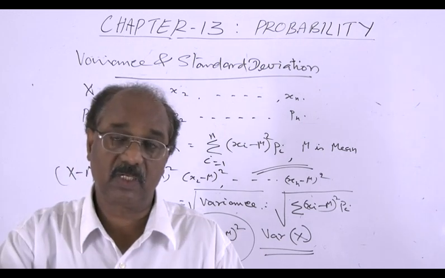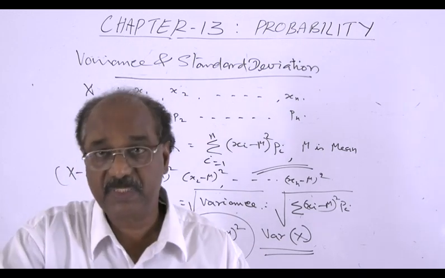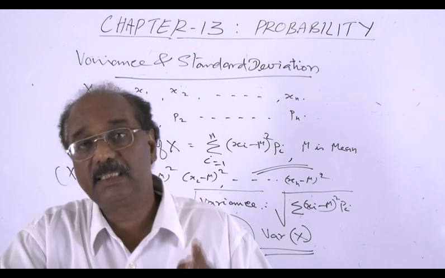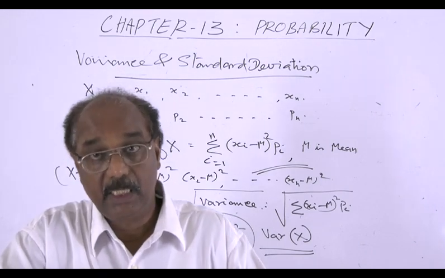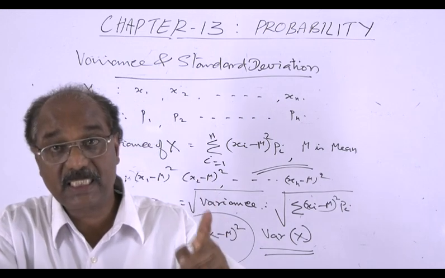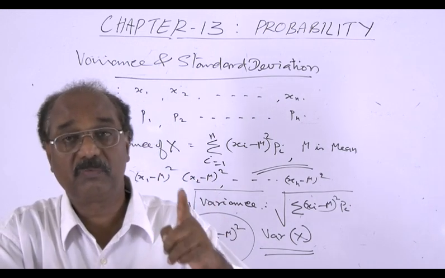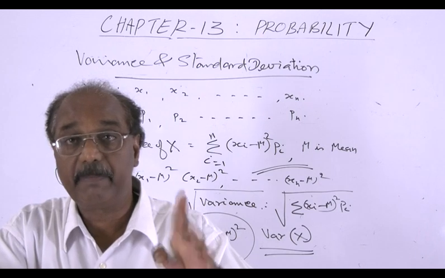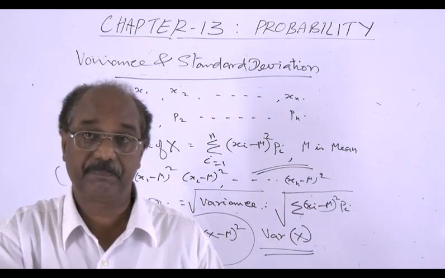That's all. For the definition, that much is sufficient. But this is actually the mean of the square of the deviations of the values of the random variable from the mean, and that's all. Okay.